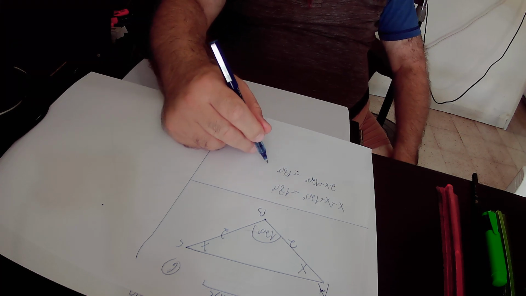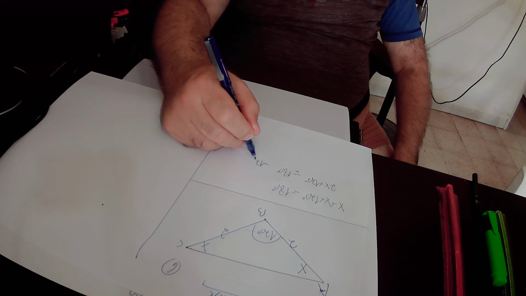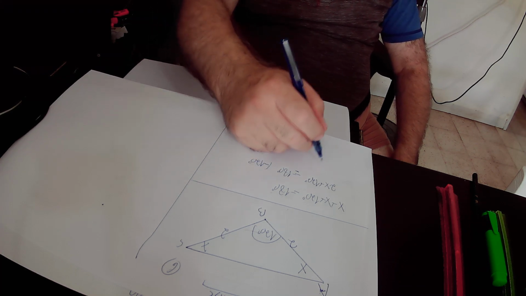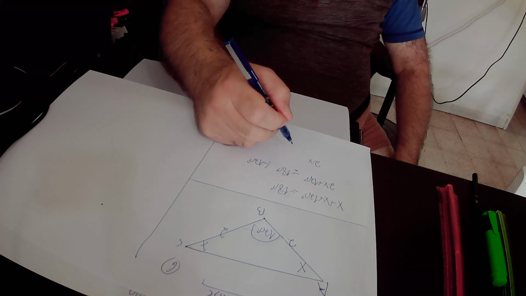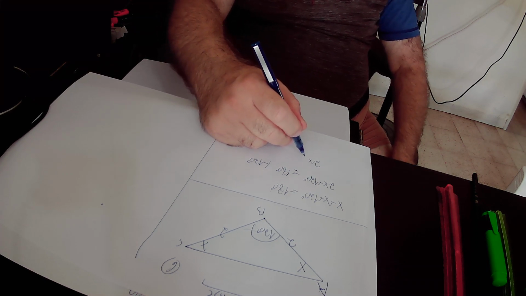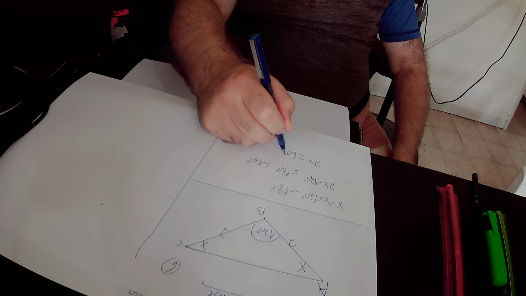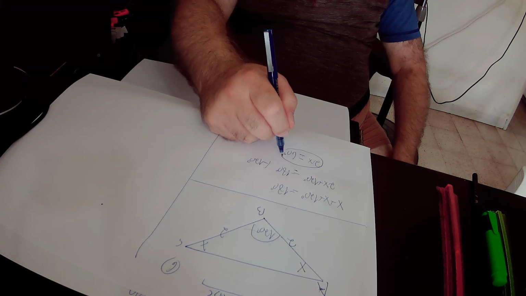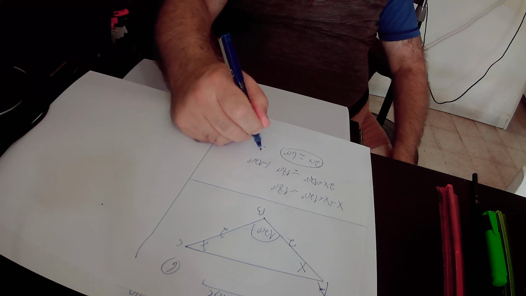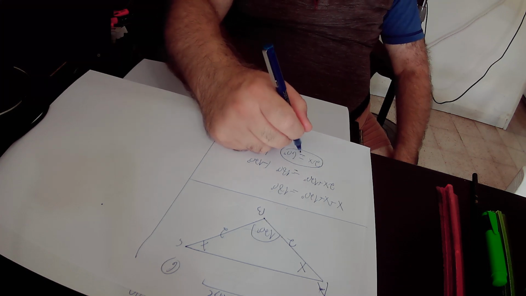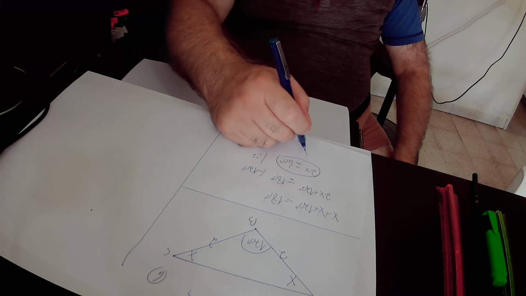Here we subtract 120 degrees, and we get that 2x equals 180 degrees minus 120 degrees is 60 degrees. Here we divide this equation by 2, and we get that x equals 30 degrees.